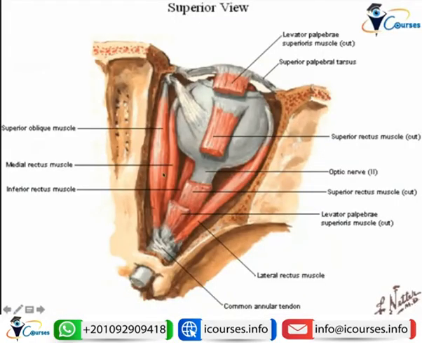If we remove the roof of the orbit and look from superiorly, you can see that we cut the superior rectus and the levator palpebrae superioris muscle in order to see the optic nerve and the globe. So here is the orbit. It is pyramidal in shape with its apex made of the optic canal, and the base formed of the orbital rim.